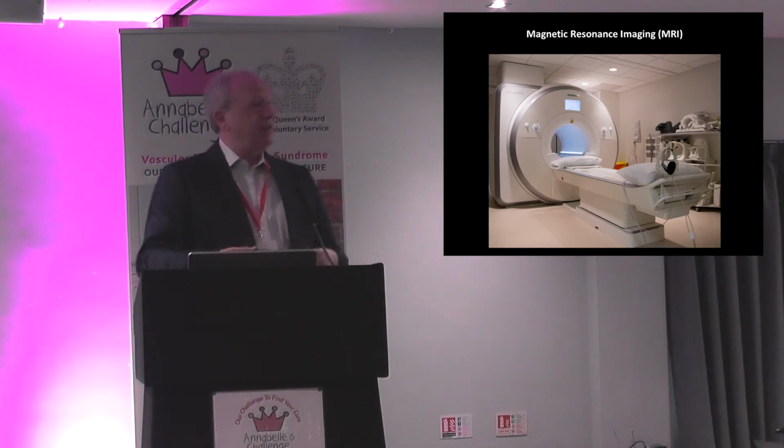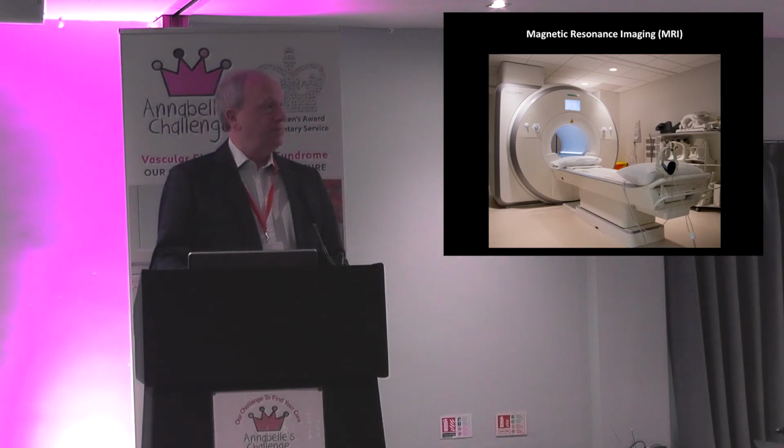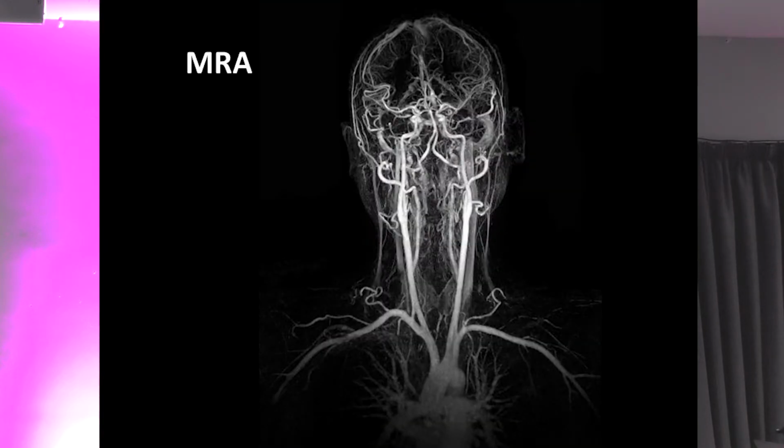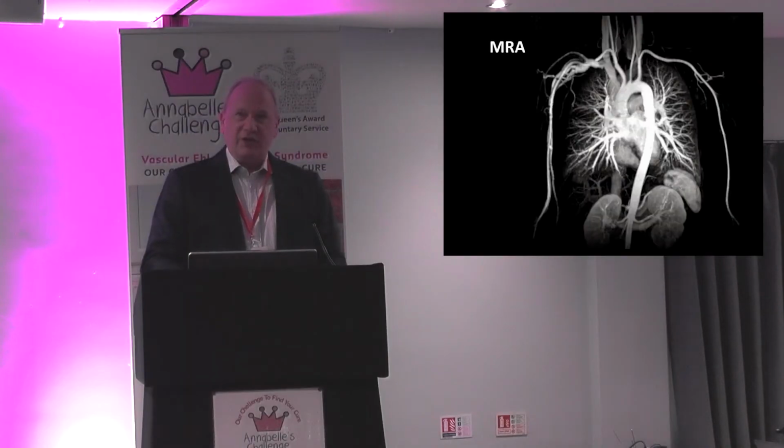And you can use this scan repeatedly over the years, which is why it's very helpful. We have no concerns at all about doing annual scans in people, which can be quite extensive. And we get these sort of images of the arterial system. This is the carotid and brain arteries. So for a non-invasive test, you can actually get some very nice images of the arteries. It's also quite good for giving you an overview, whereas ultrasound tends to be very focused. This gives you the big picture.